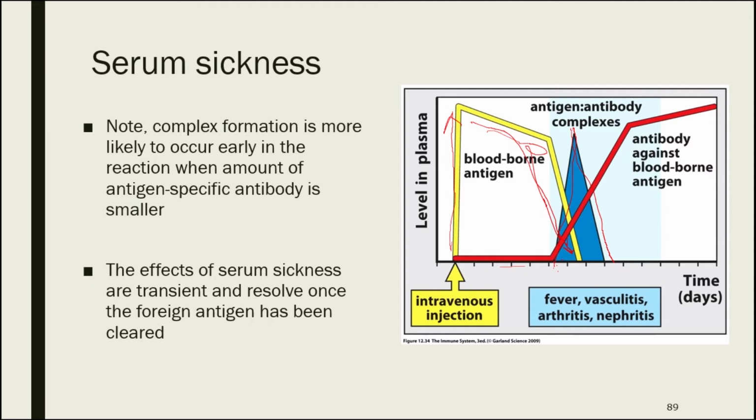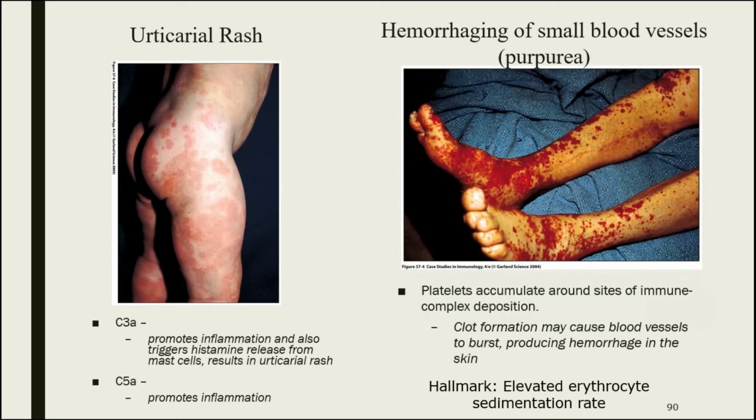As soon as the complexes are completely cleared, the serum sickness will resolve in time, and in the meantime your own immune system will generate antibody against the bloodborne pathogens and take over the whole thing. But during this stage, some of the rash could be bad.